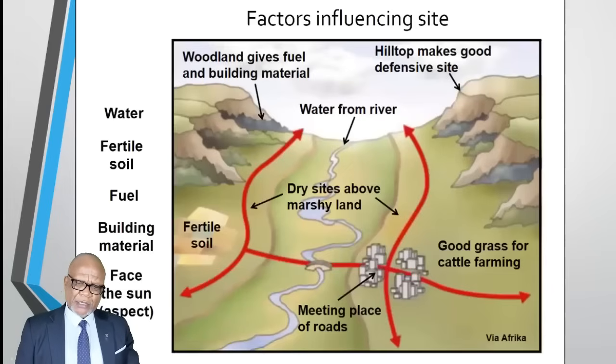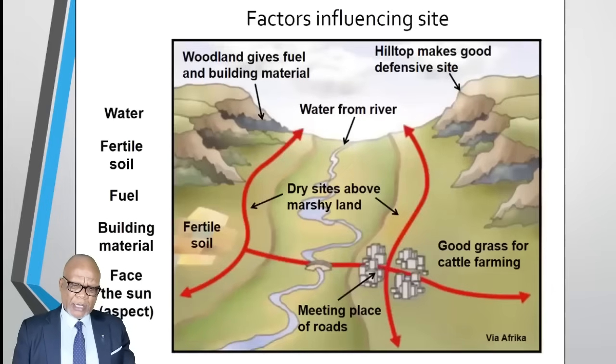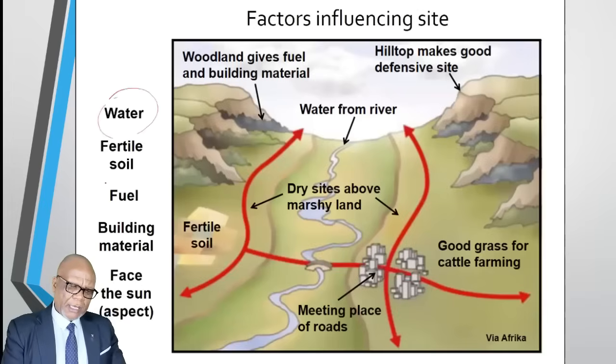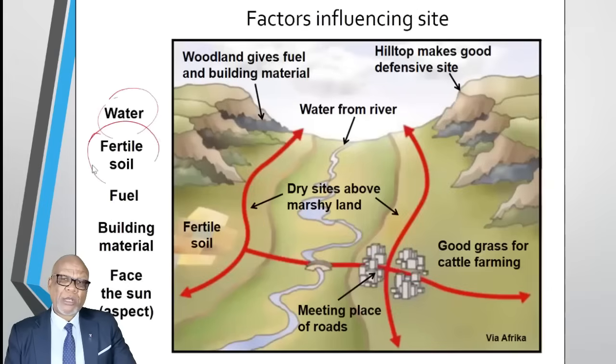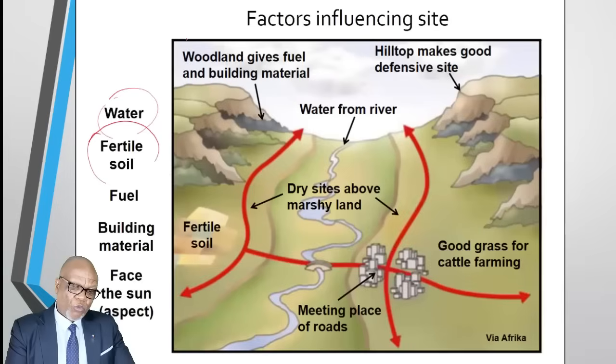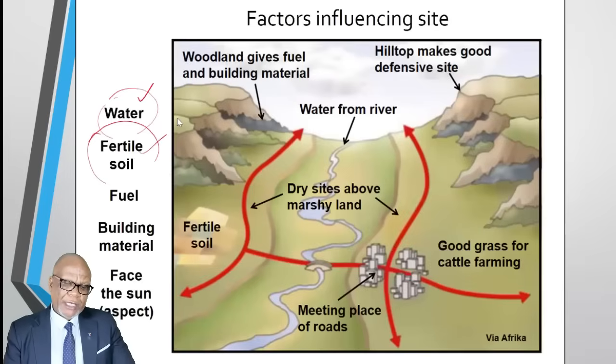Now, let's look at the factors that influence a settlement. Number one, factors that influence the site is water. People will settle closer to where water is. Remember, we're talking about rural settlements here. So water is going to be good for farming. People are also going to need fertile soil.